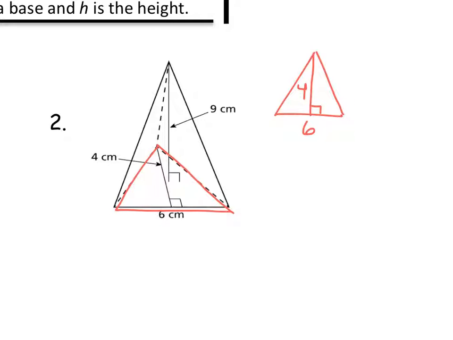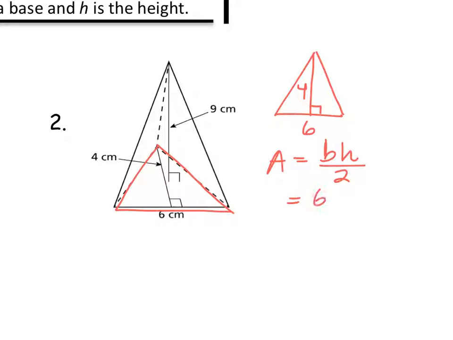First thing you've got to do is find the area of the base. How do you find the area of a triangle? And if you don't remember, you have that paper from Friday. Base times height divided by 2, or 1/2 base times height. I don't care how you write it. We'll do base times height divided by 2, because that's just nicer. So this is the area formula for a triangle.